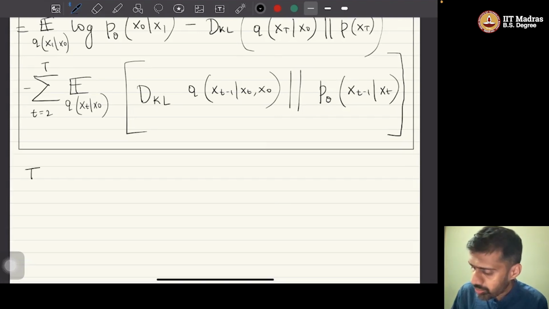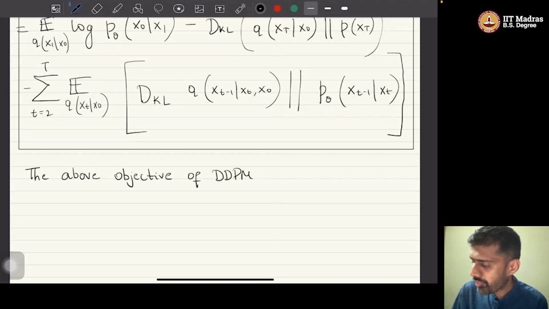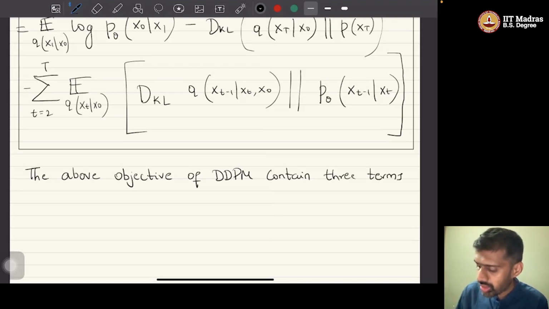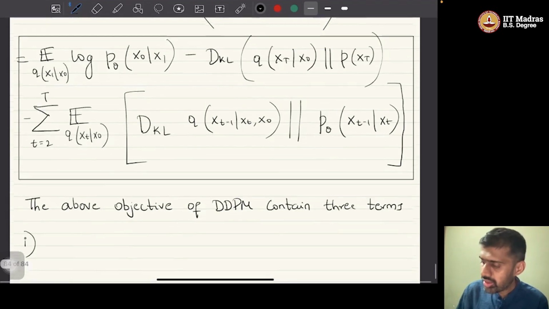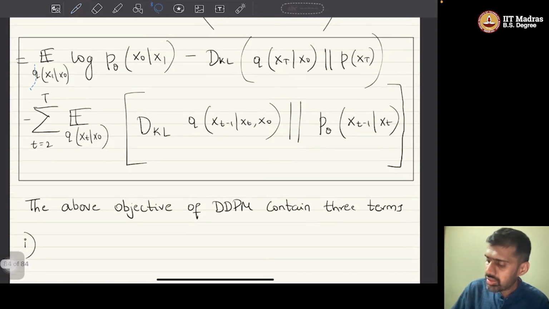Let us write all three terms one by one. The above objective of DDPM contains three terms. Let us take them all one by one. The first one is the conditional data likelihood.